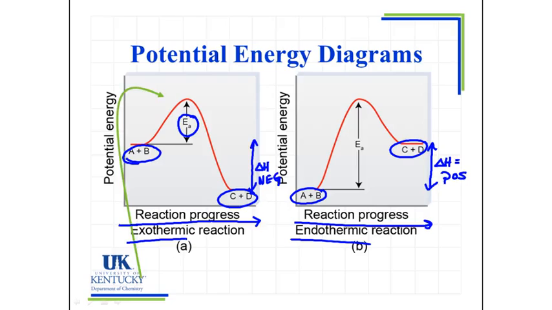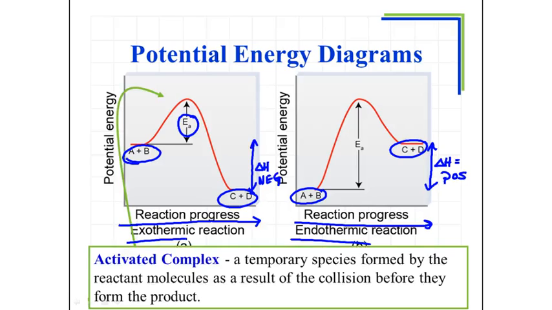Up here at the top of the mountain is something called an activated complex, and it's going to be a temporary species. It is there for such a short time that it's usually not even observable, but it is the temporary species formed by the reactant molecules as a result of that collision. So you could think of it as the jumbled mess of atoms as they have collided with enough energy to break those bonds.